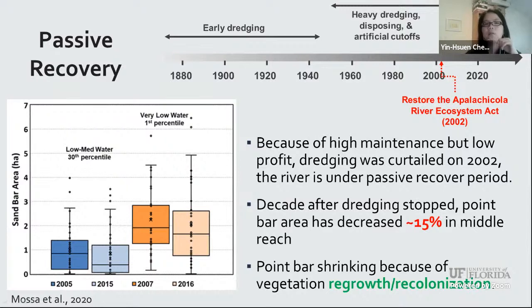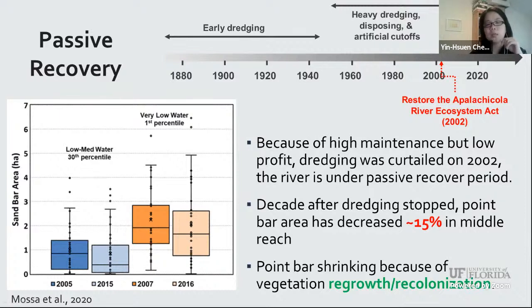So the result concludes there's approximately 50% of the point bars being recovered. And the biggest reason for the point bars shrinking, I mean, what I'm saying here is that the point bar is shrinking or getting smaller because you have a lot of riparian vegetation growing on the point bar. So that's why those bar sizes are getting smaller.